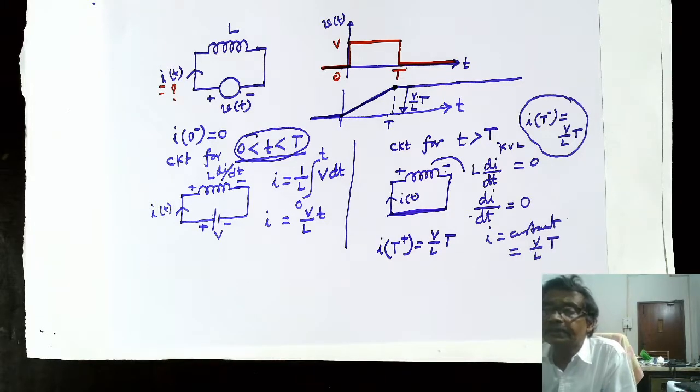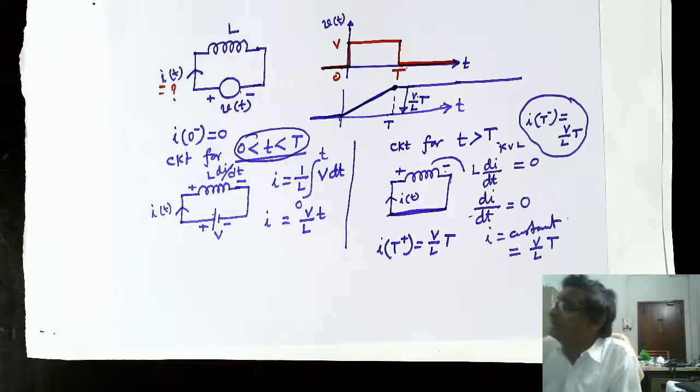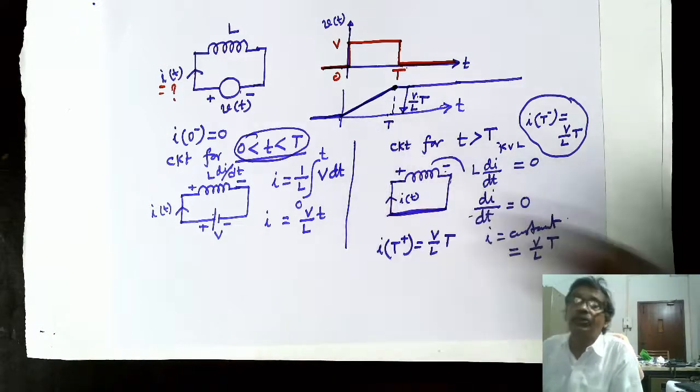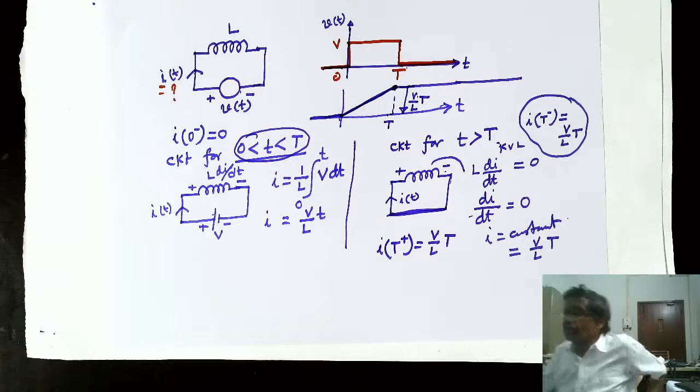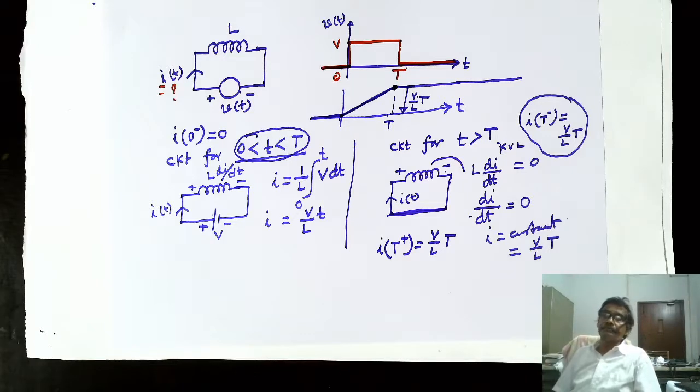Therefore, the inductor will have the same stored energy even beyond t equal to capital T. Theoretically, it should keep that stored energy intact for infinitely long time. And perhaps when it is required, you will try to use this stored energy for some other purposes, by opening the switch, connecting it to a resistance, and so on.